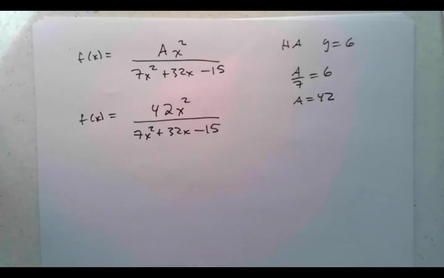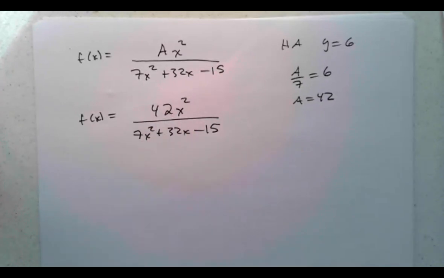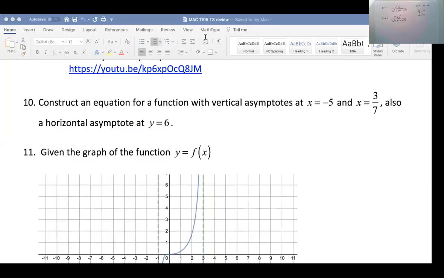Now we hope we still have the same vertical asymptotes, and certainly x plus 5 or 7x minus 3 are not going to divide out because the 42x squared doesn't factor that way. So let's go back and look at this graph and see if we have the correct vertical asymptotes as well as now the correct horizontal asymptote.